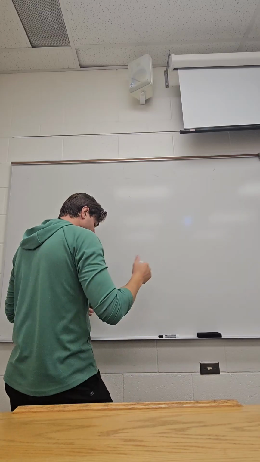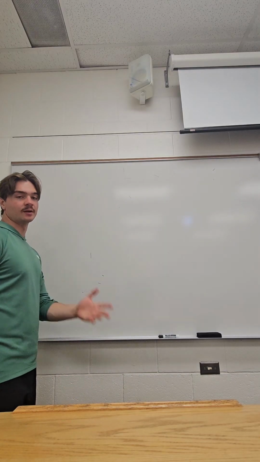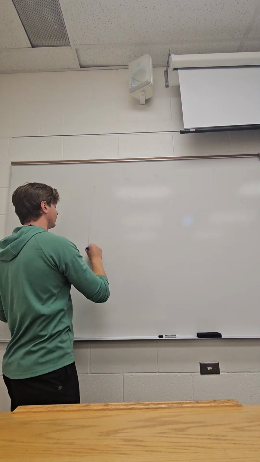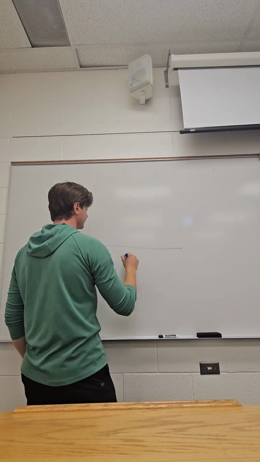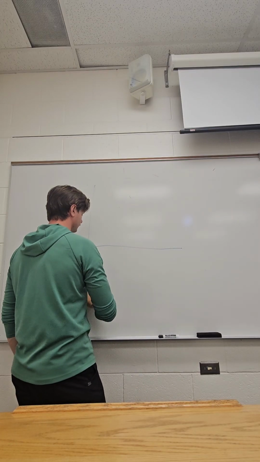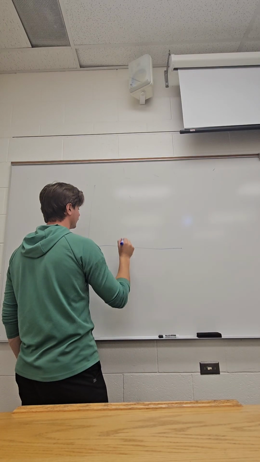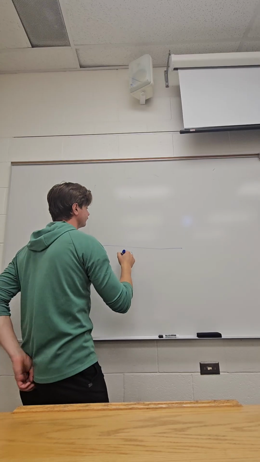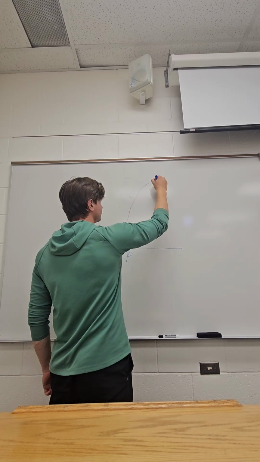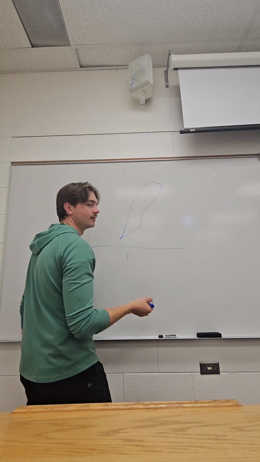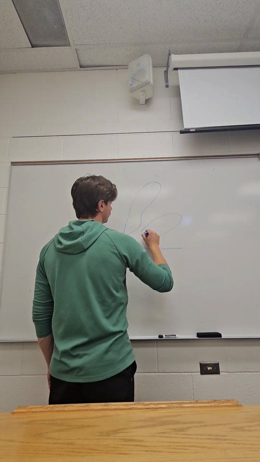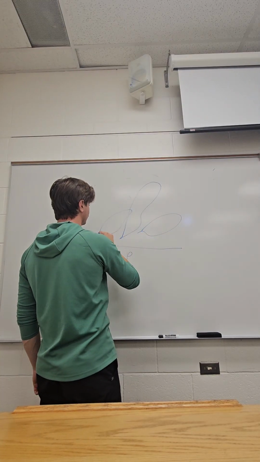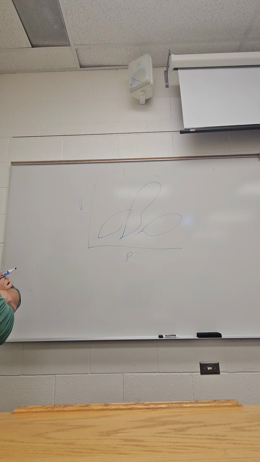There's two things when it comes to lungs. We have compliance and elastance. So here's pressure, here's volume. Here's like the normal pressure volume cycle for a normal lung. And here are lungs that have issues with them.